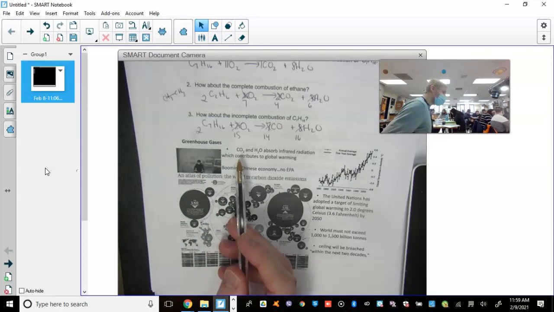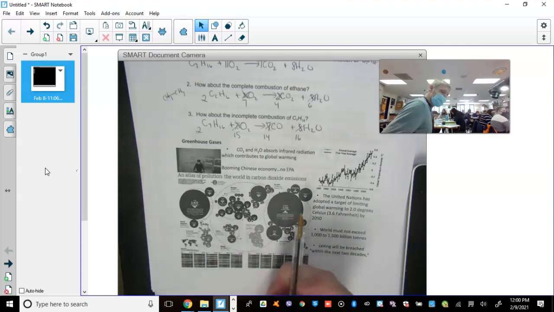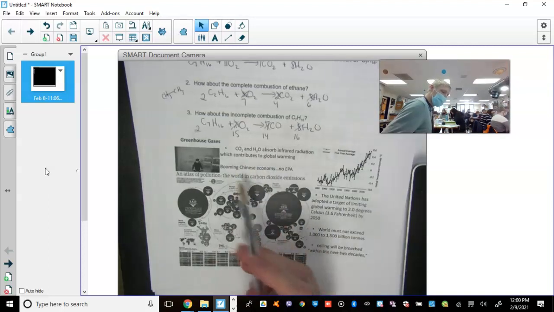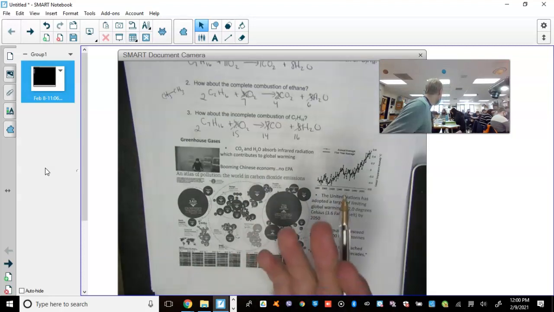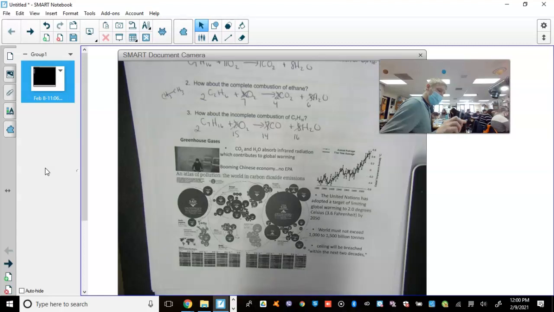CO2 is a greenhouse gas because it absorbs infrared energy. And that's why we got the Paris Accord and all that stuff to help curb it. However, we got something called the tragedy of the commons, and that's if everyone is not on board, it's not going to work.